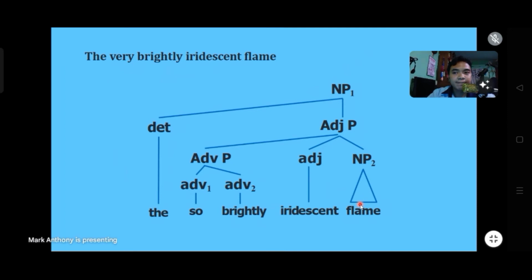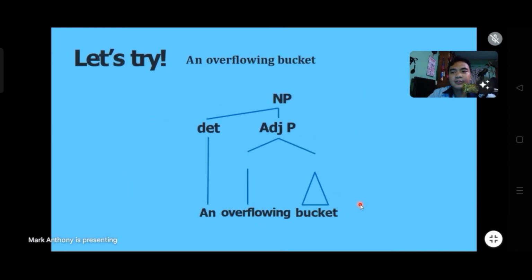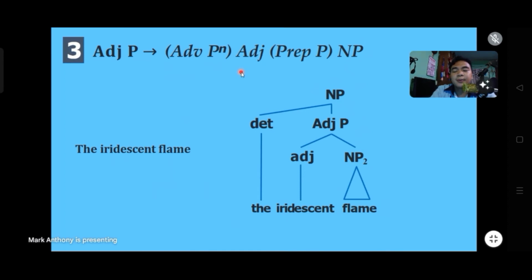And again, let's go back to the rule. As we can see here, the adverb has an n superscript beside it, because that means an adverb can be used n times to modify an adjective or a noun in the sentence.